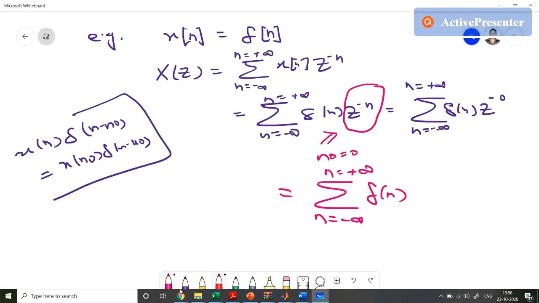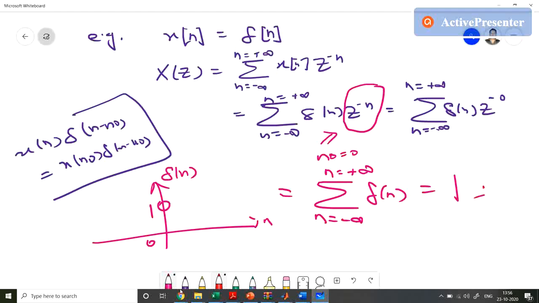Now we sum the unit sample del[n] from minus infinity to plus infinity. At n equals 0 its value is 1, and at all other values it is 0, as we see from the graph of del[n], so the summation is 1.